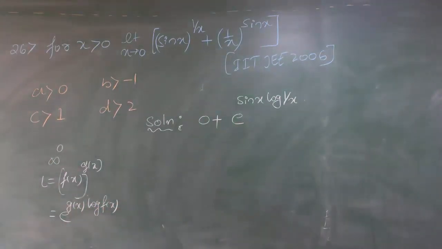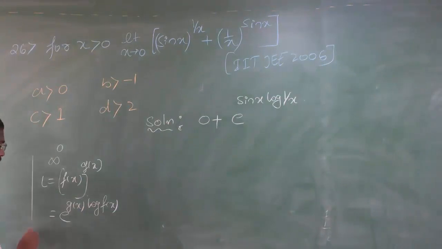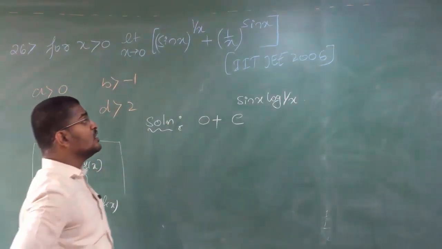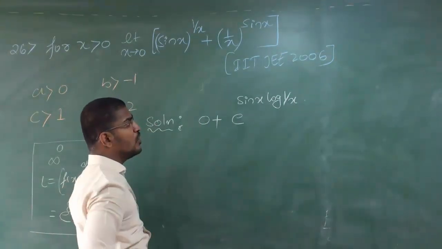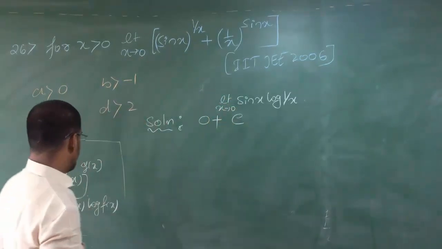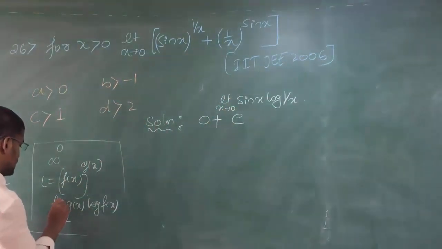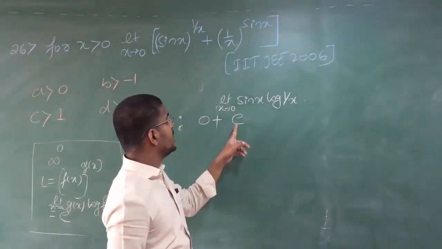E to the power of g of x into log of f of x. You remember this for infinity to the power of 0. So now that is where limit is going to 0, no problem. Limit extending to 0. Here limit extending to a. Clear?